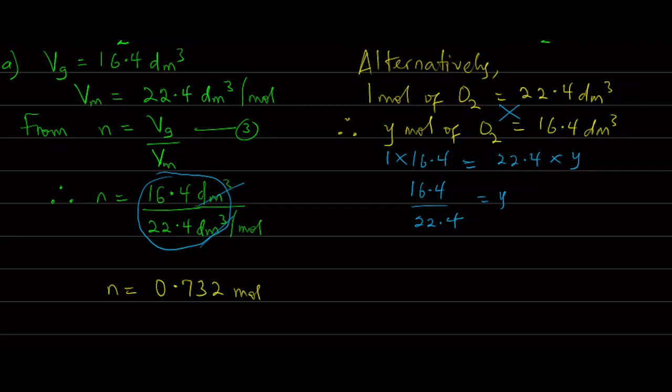So the value for Y, which represents our number of moles, is 0.732 mole. So these are the equations that we use in solving questions related to mole concept and Avogadro's number.